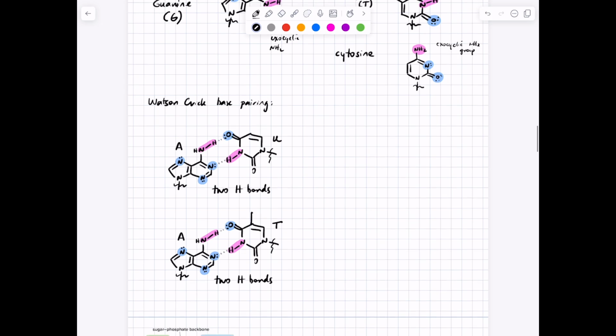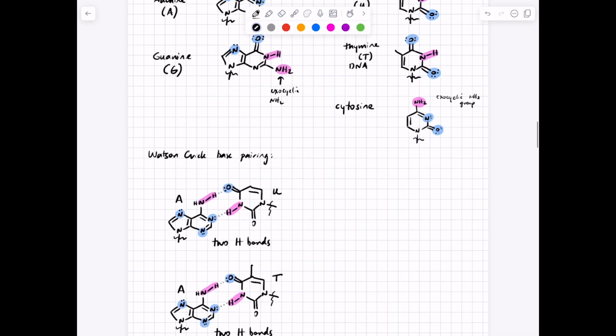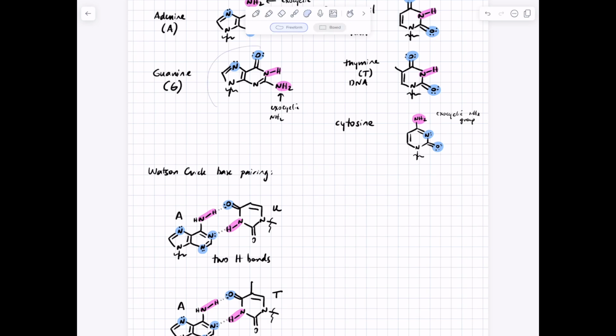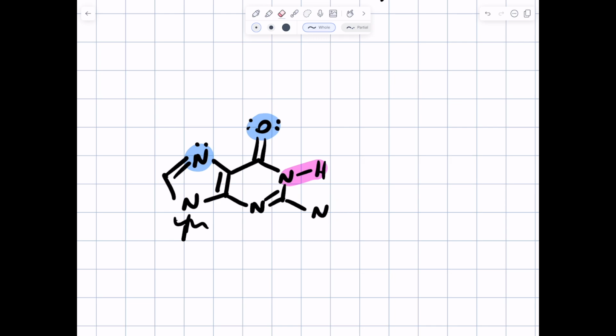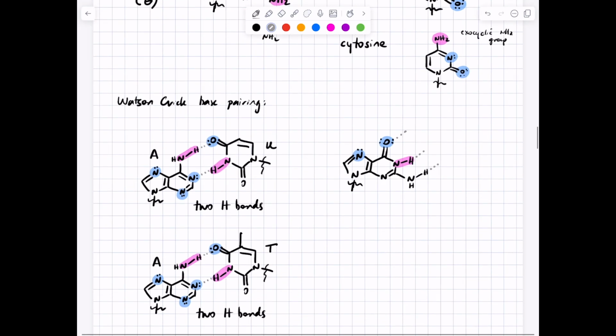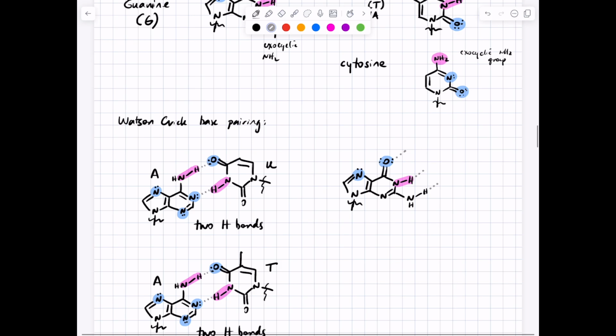And then let's show you the Watson-Crick base pair between guanine and cytosine. I'm going to just erase briefly the exocyclic amino group. And we'll show hydrogen bonds here and here and here. And then you can sort of imagine what's going to happen.